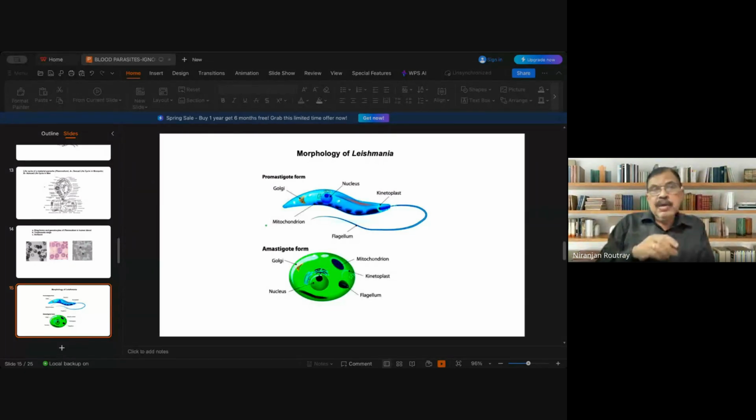Cutaneous means they will show their presence in the skin. So they may form certain sores. So it is caused by Leishmania tropica, and the visceral is caused by Leishmania donovani.